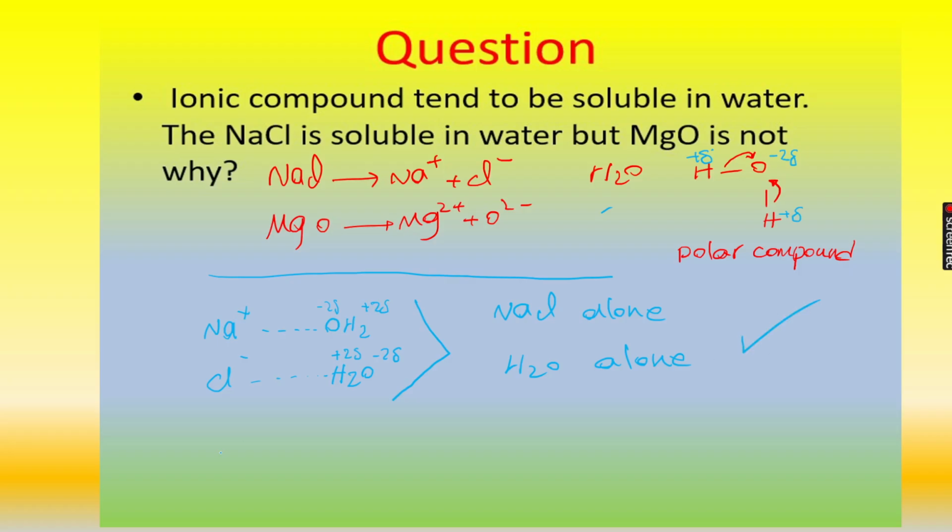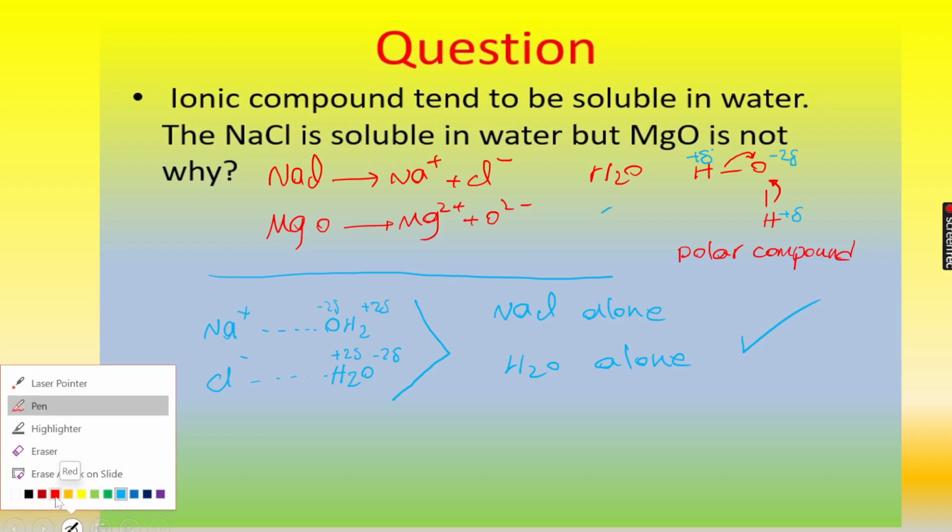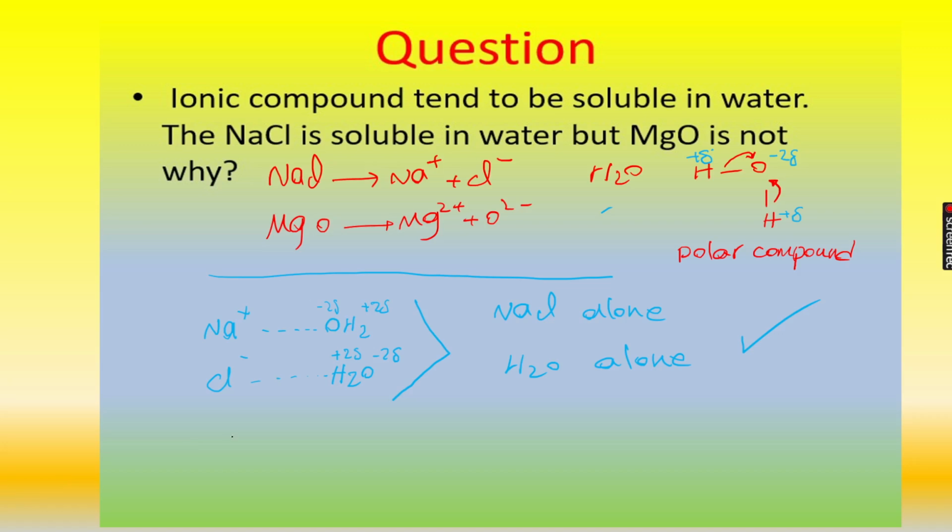But for MgO, please pay attention here. Between the Mg2+ and the oxygen of the water, there is a kind of attraction, and between the O2- and H2O, there is a kind of attraction.